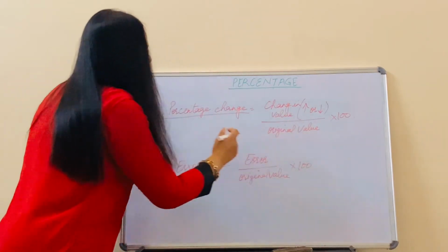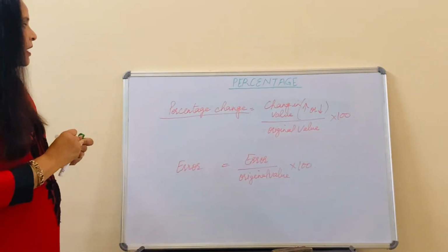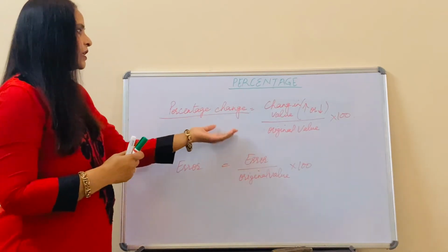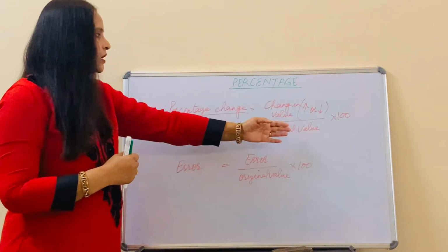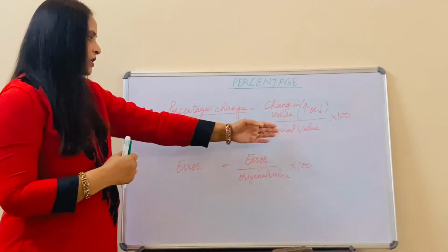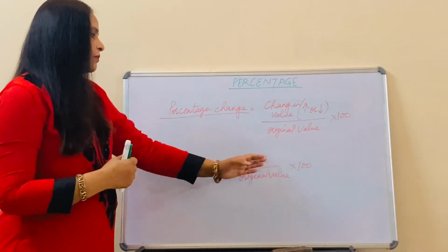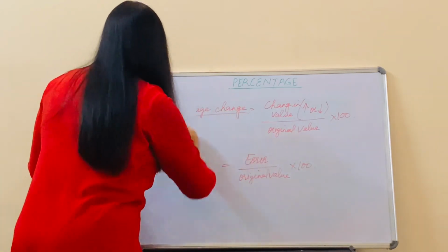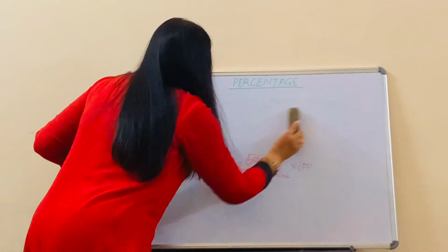By applying these two formulas, we can simply calculate the change in percentage. These can either be increase or decrease in the values due to the percentage change, or can be mistakenly taken as. So I will explain you this with a very simple example.